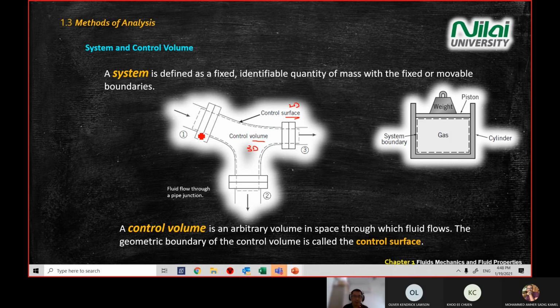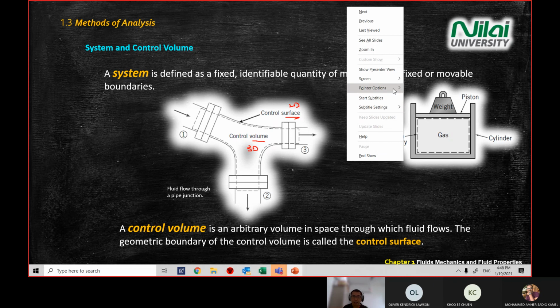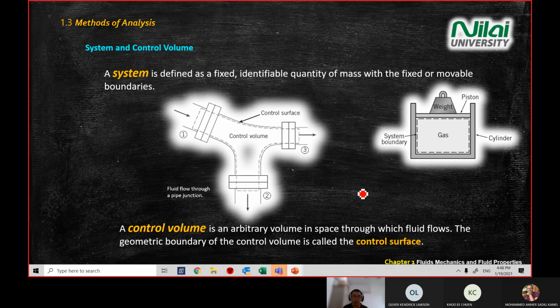It's your reference boundary. So these are the terms that we try to clear before we do more complex equations. We have defined what a system is, what a control volume is, and then how to find your control surface.